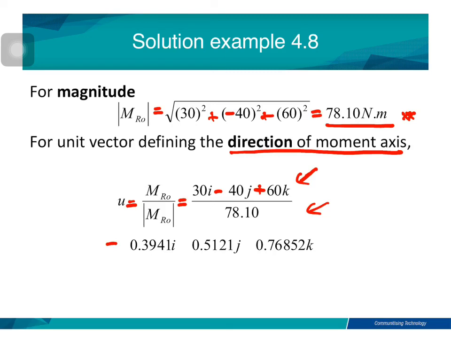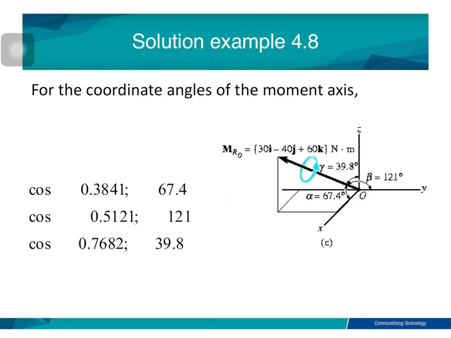Now we can have the unit vector for the moment equal to 0.394I minus 0.5121J plus 0.2K. Now we want to determine the coordinate direction angles alpha, beta and gamma. Here you can determine cos alpha, cos beta and cos gamma like this.